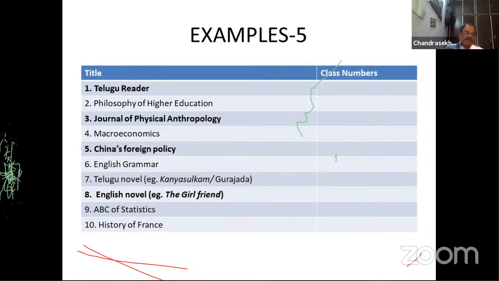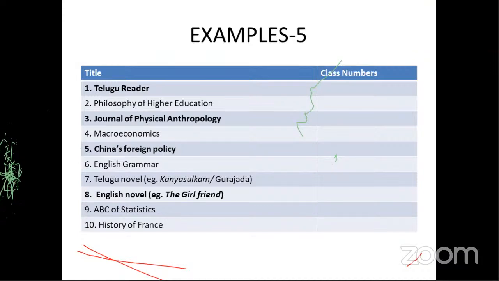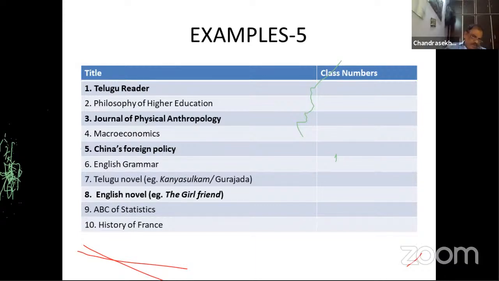Physical anthropology is different, I think. 301 is social anthropology. Physical anthropology is different, let me check.